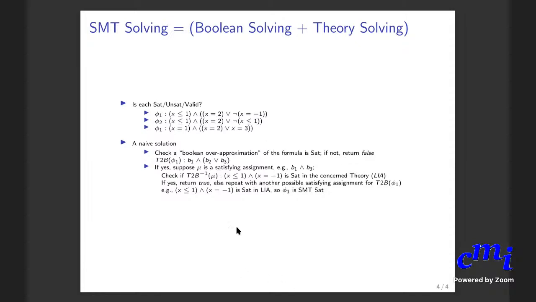So you could do this iteratively. In the theory you only have a conjunction of atomic formulas, and therefore you could use, for example, an LP solver for that, because that is able to handle precisely conjunctions of linear inequalities. And that's how SMT solvers actually work.